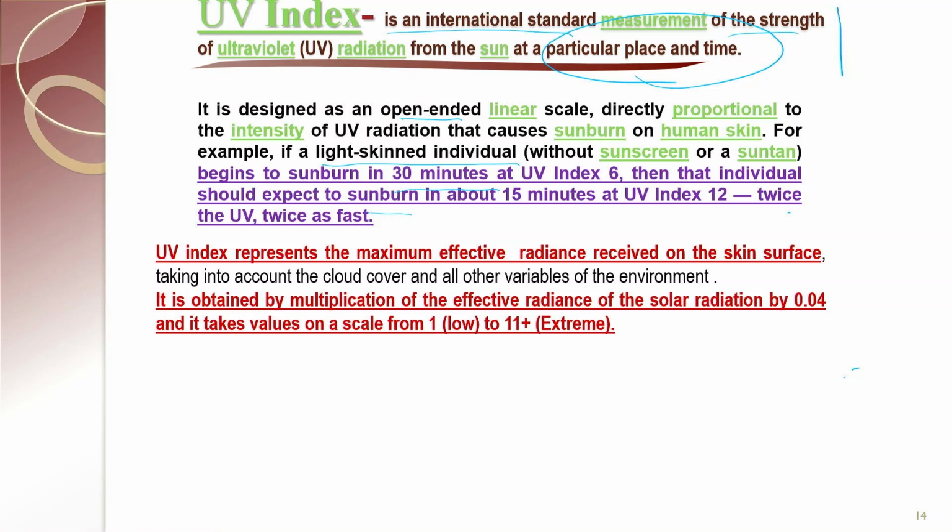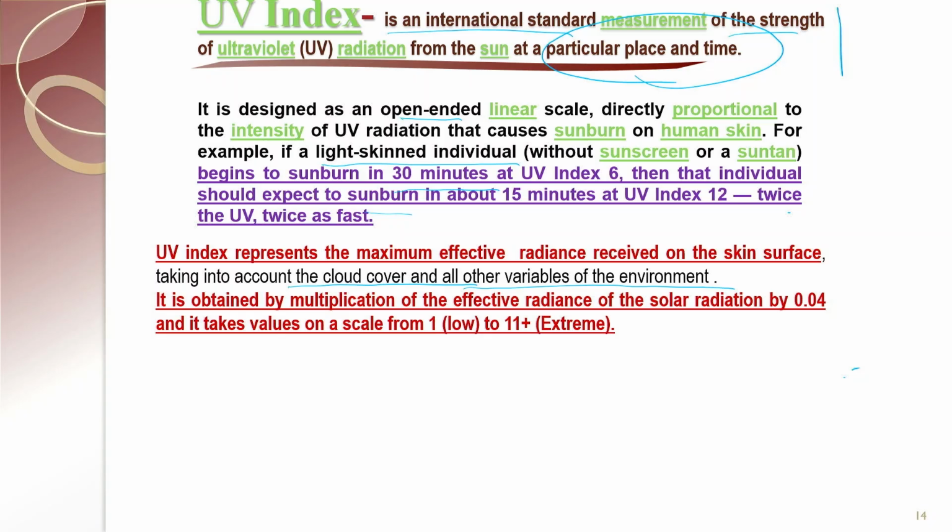So, it represents the maximum effective radiance received on the skin surface. That is the total maximum radiance which we receive, taking into account the cloud cover and all other variables in the environment: the moisture, the pollution level, the clouds.